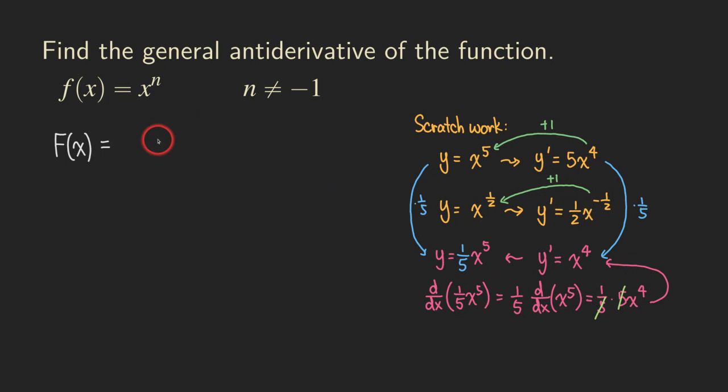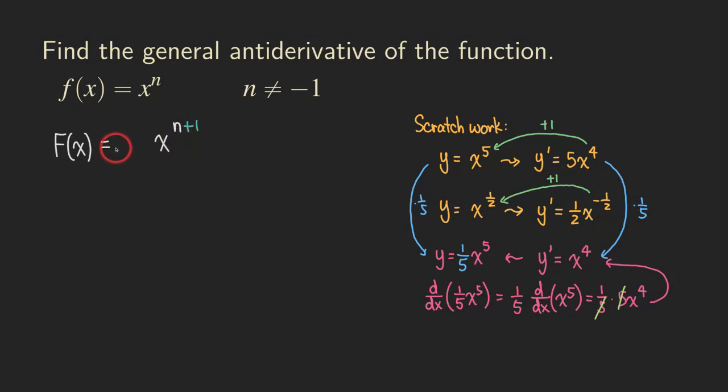So in this case, we put x and then we add 1 to the exponent. See what's going on here? We added the 1 to the n, so that becomes our new power. If that's a 4, we are going to get 5. If that's a -1/2, then we are going to get +1/2. So whatever n is, we are going to add 1 to it.